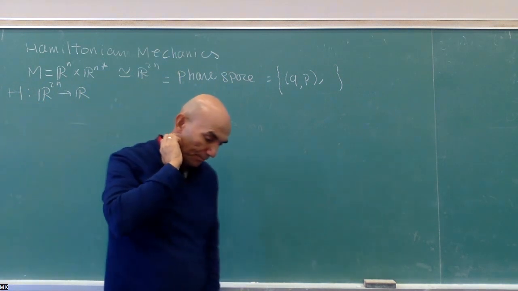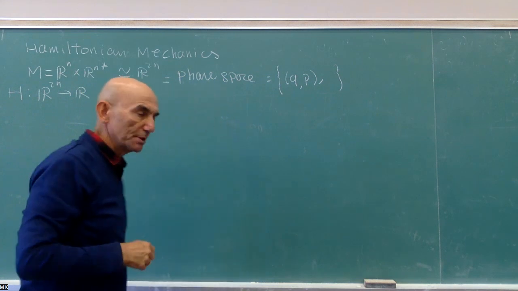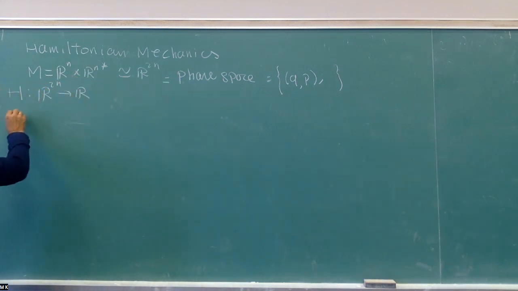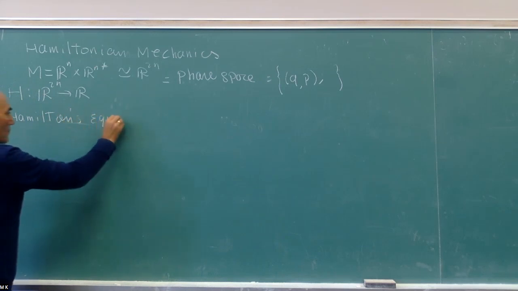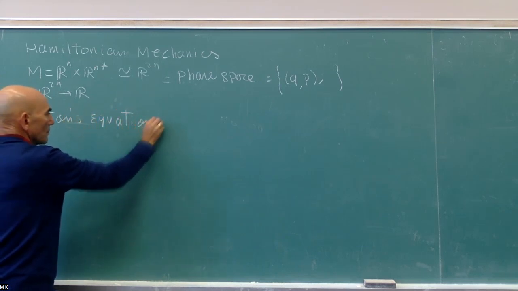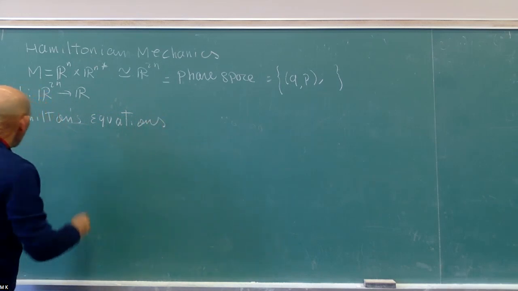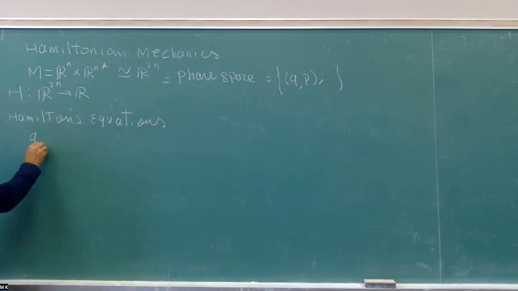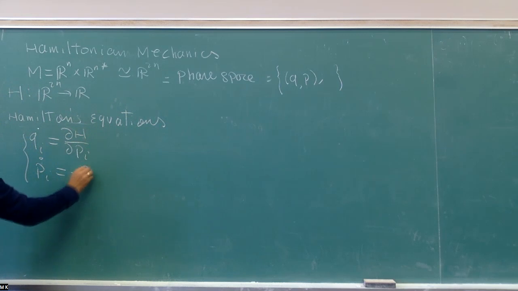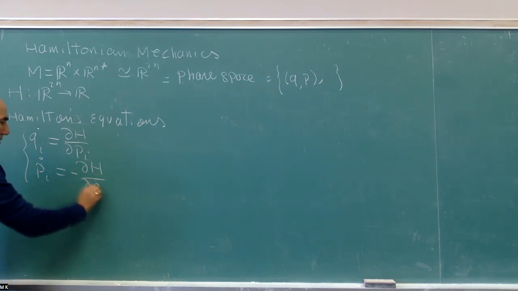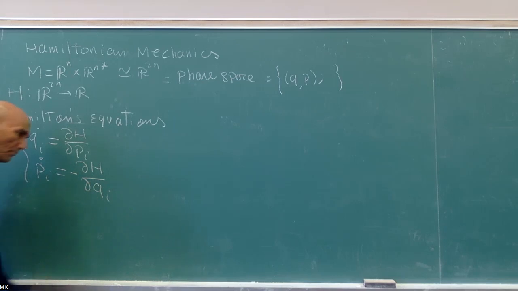And then Hamilton's equations of motion, the dynamics, were these equations. So these equations were like this: q_i dot equals partial H over partial p_i, and p_i dot is equal to minus partial H over partial q_i.